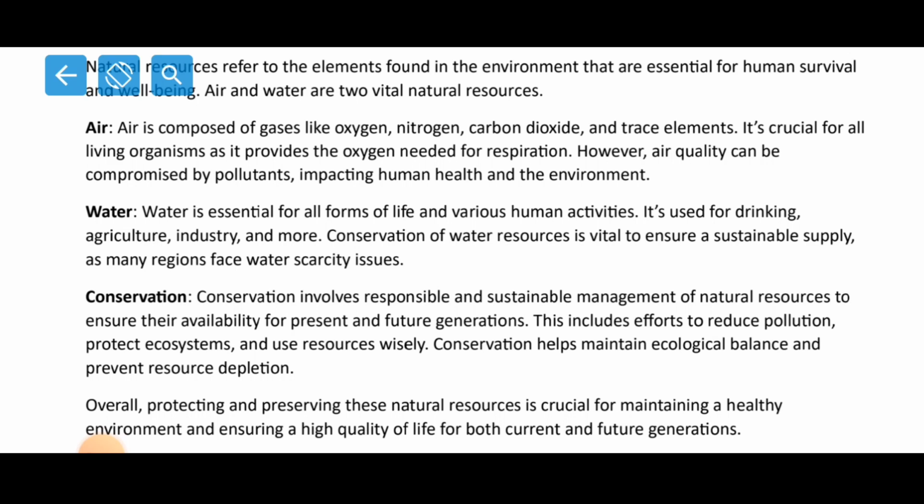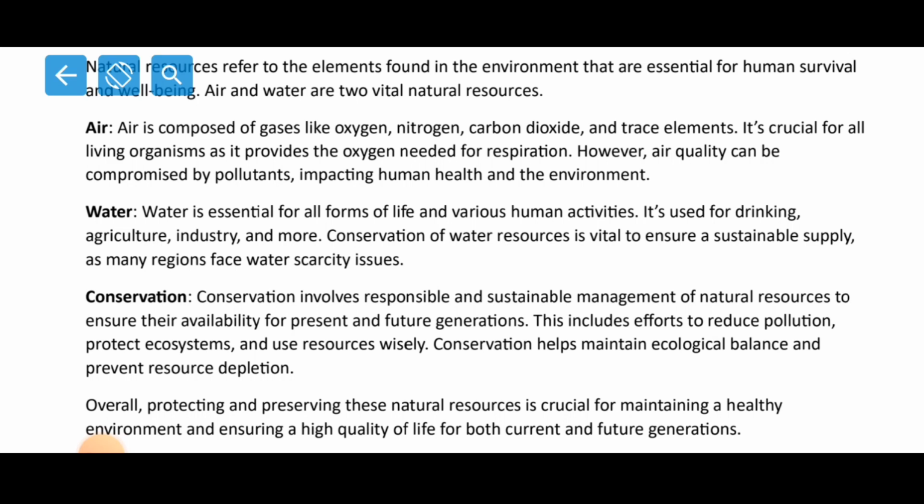Why is it important? Because without water we cannot think of surviving on this planet. Quite a large percentage of our body itself is made out of water, right? We find water everywhere, but not all of it is drinkable.